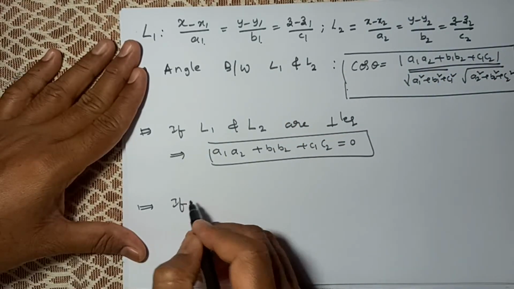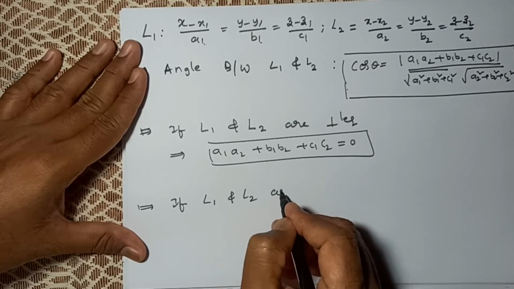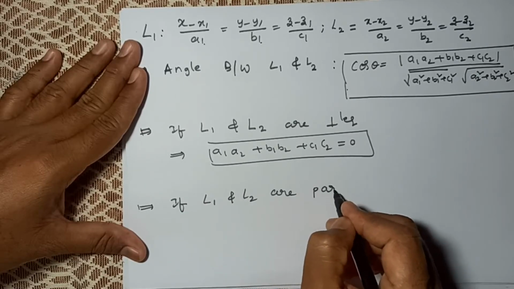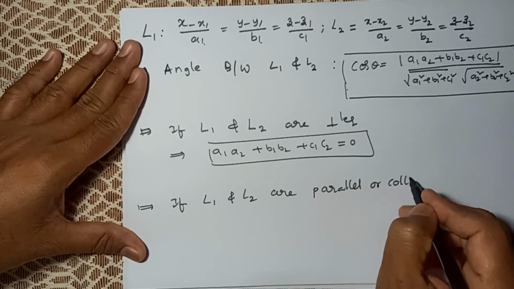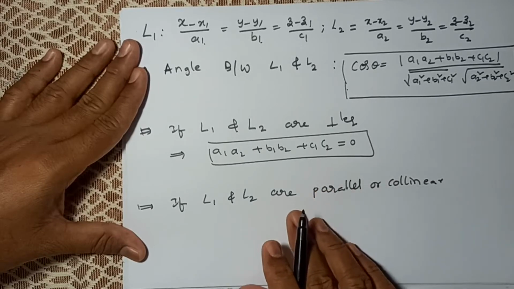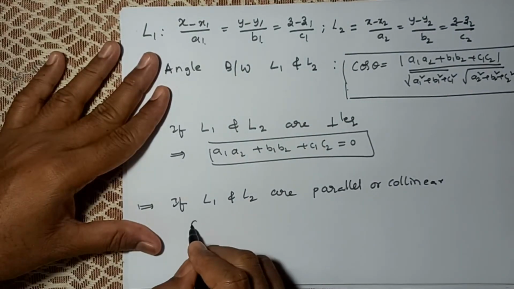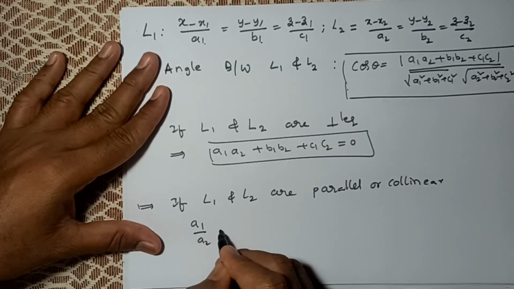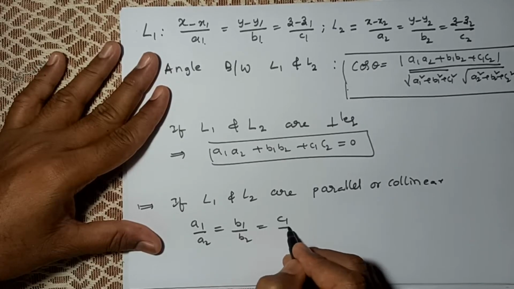If L1 and L2 are parallel or collinear, then we are going to compare their DRs. The DRs comparison is A1 by A2 is equal to B1 by B2 is equal to C1 by C2.